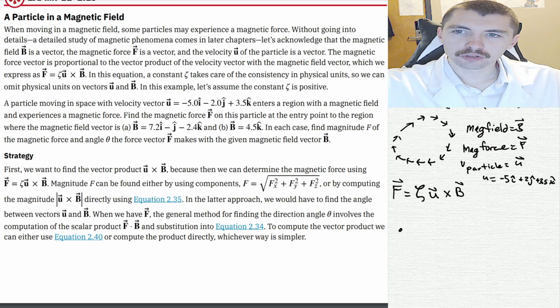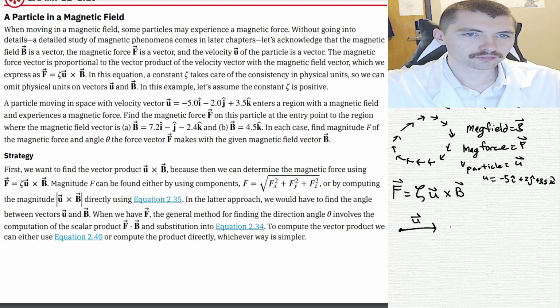So we have a particle moving this fast, enters a region, enters my field.